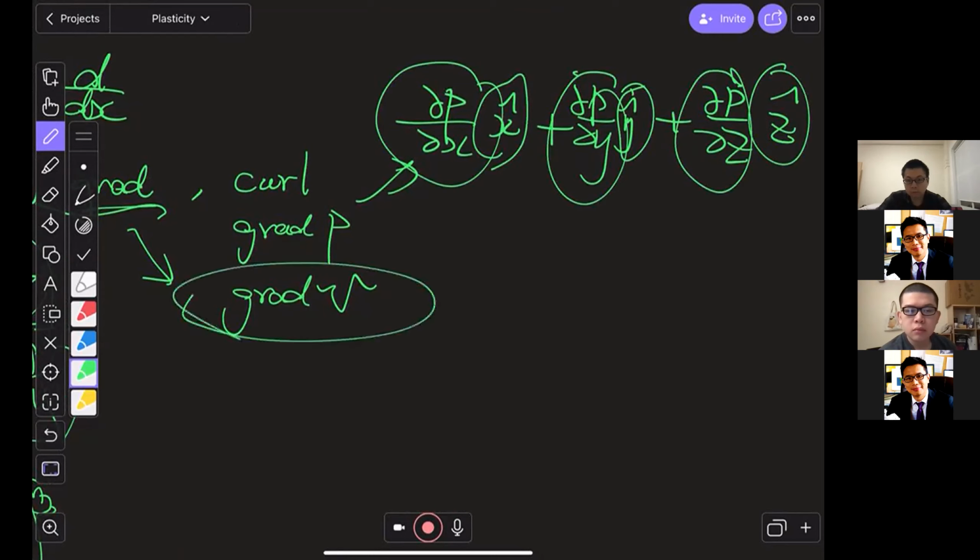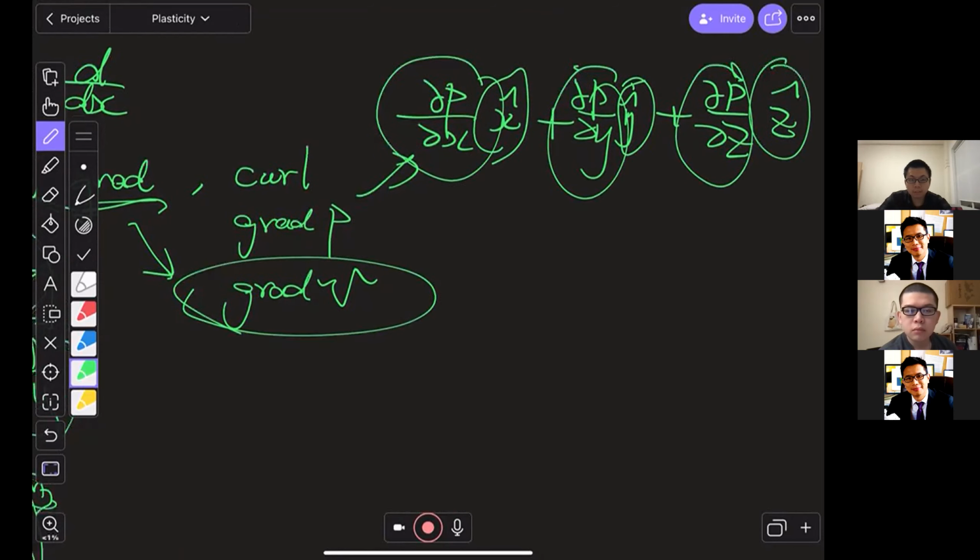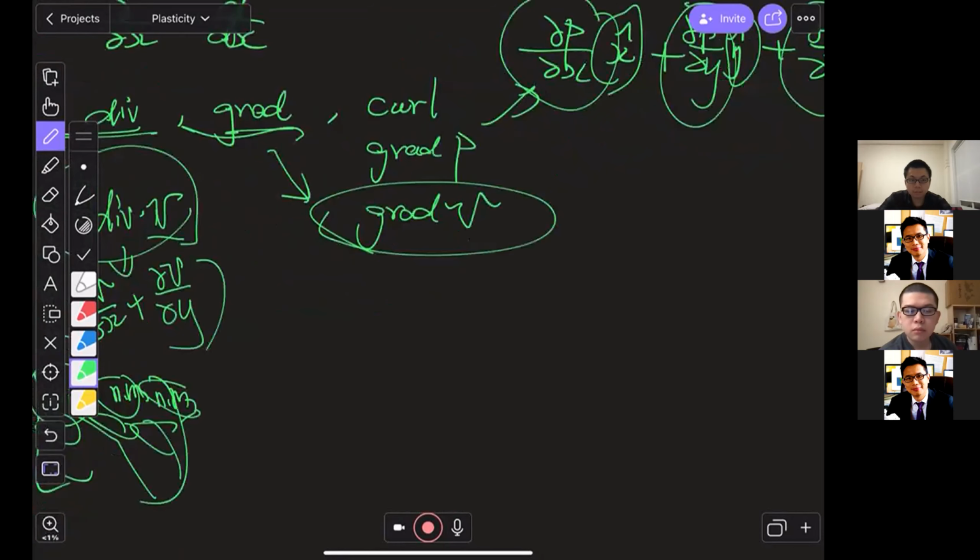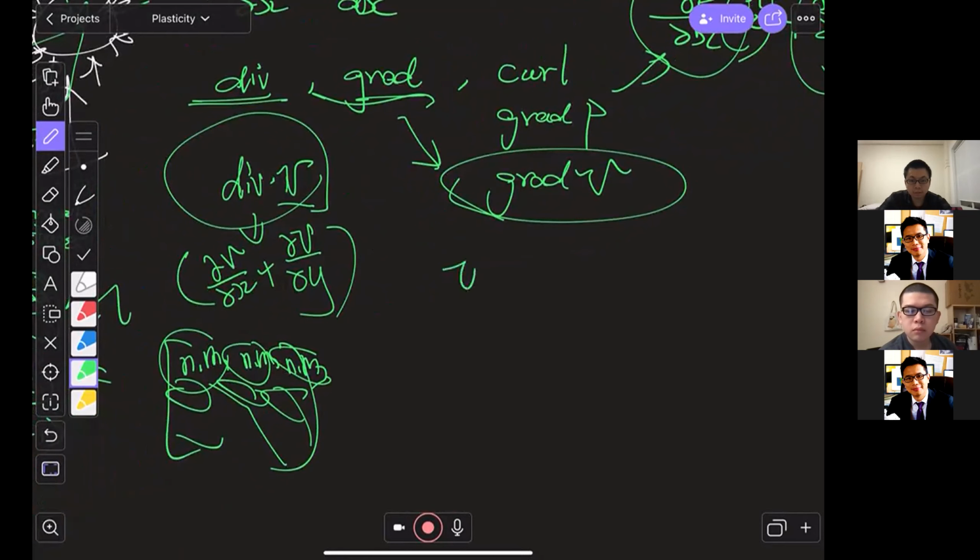If I have a vector and then I compute a gradient, I would again get a tensor. In Einstein format, the divergence is written as Vi,i and the gradient would be Vi,j.